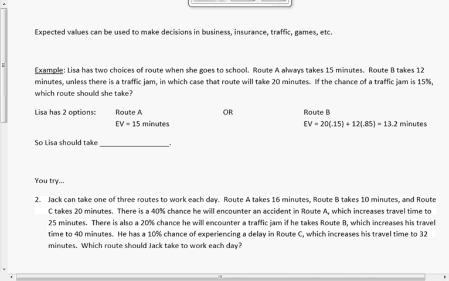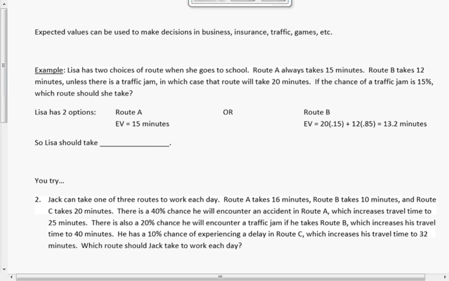Any of you who have seen 21, when you count cards, you are working with expected value. It's based on what cards are left in the stack if you have already gotten some of these other cards. So you can put this into a lot of different places, but a lot of the examples today deal with traffic or taking routes and things like that.